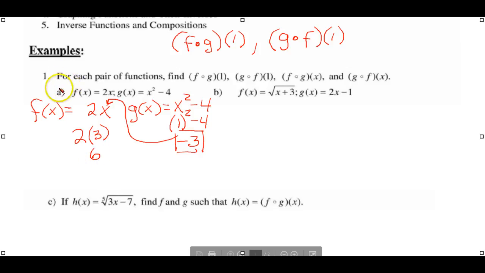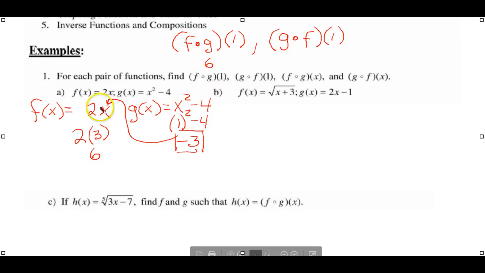So for example A, in which we do this composition, our answer is negative 6. So what they're asking us is to take this value 1, put it in your G function. When it comes out of the G function, you put it in your F function. F composed of G.